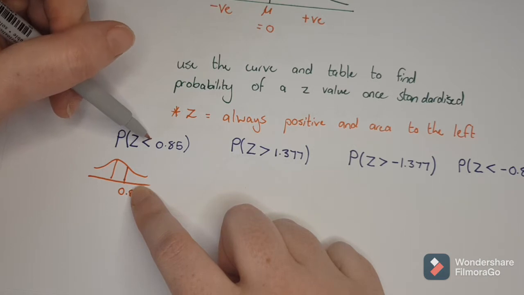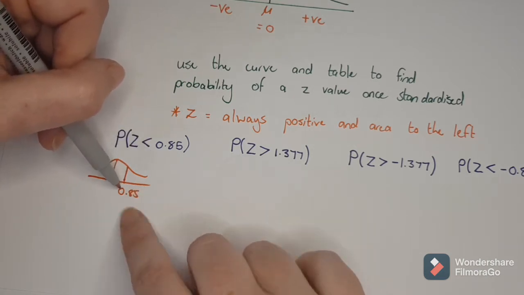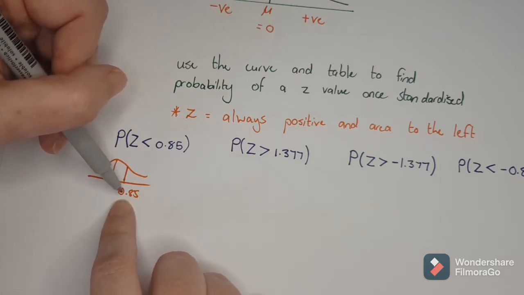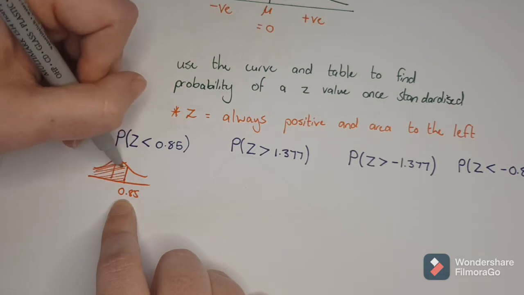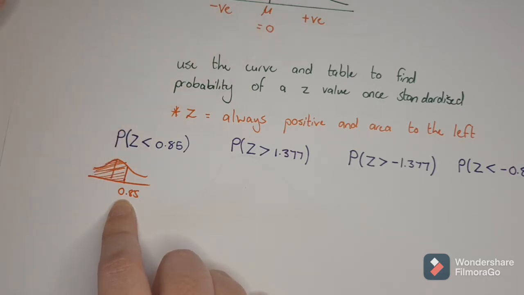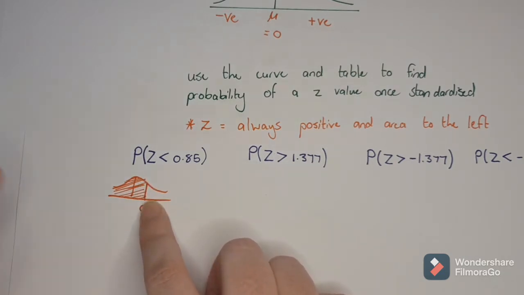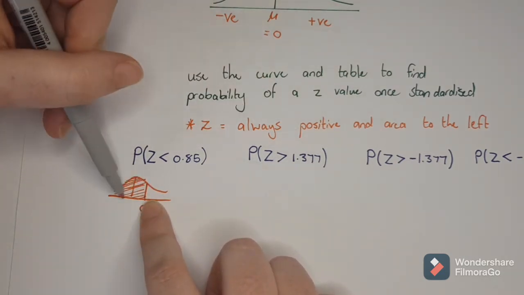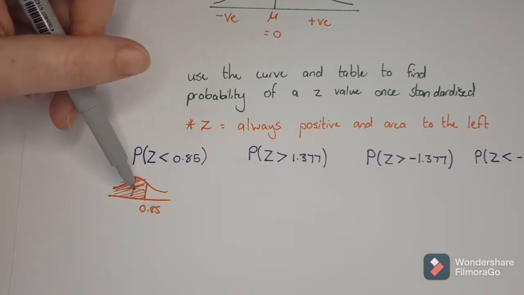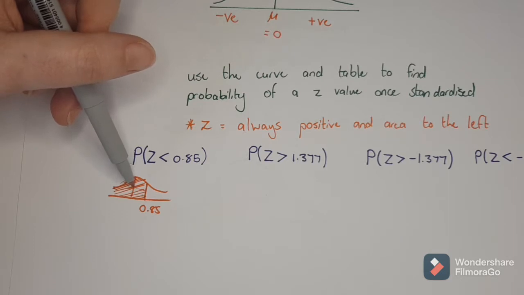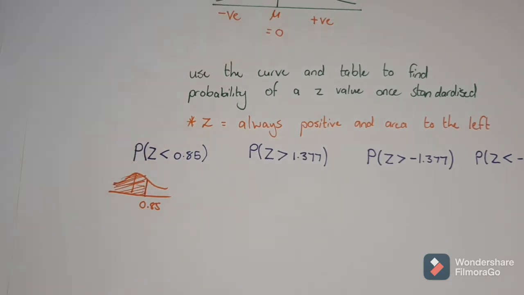Now the Z must be less than. So now because it's less than, it means it's everything that's smaller than 0.85. So smaller than would be all of this area over there. Okay, so now I have a positive value, and I'm looking for the area that is to the left of that value. So those are the criteria that I want for the table, because it's positive and it's to the left.